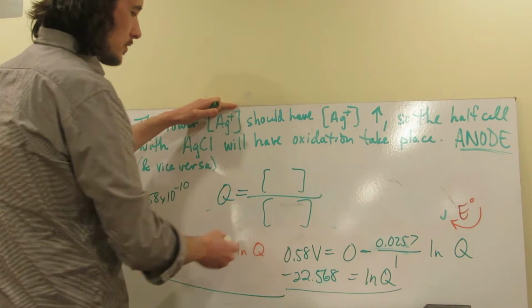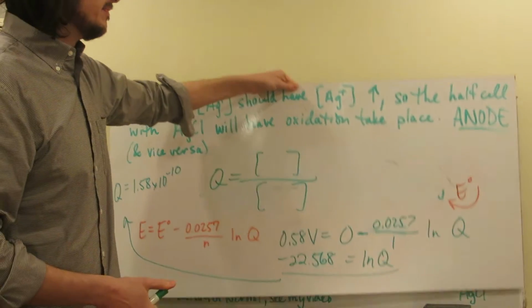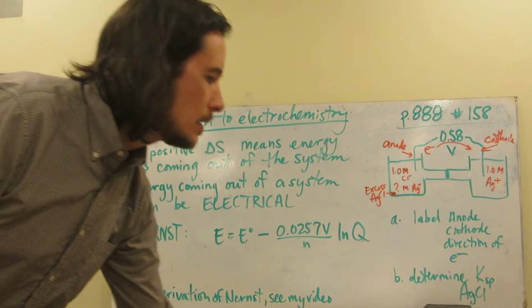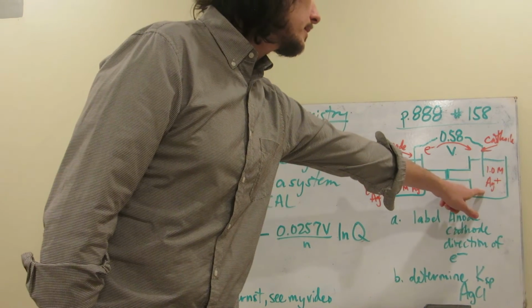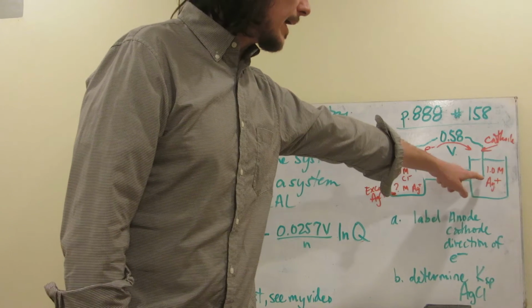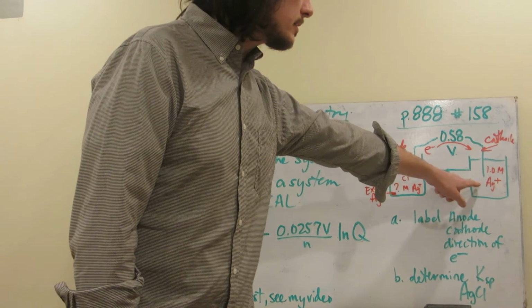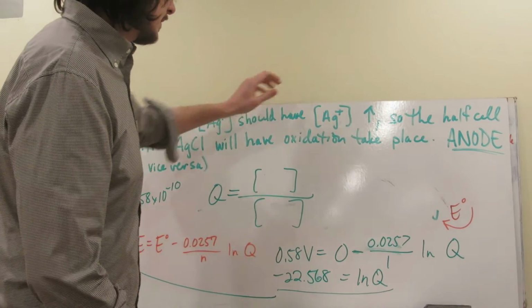Q is products over reactants. So if we go back to our diagram, the reactant silver ion is this one. The product silver ion is this one. So the reactant silver ion is 1 molar. They make nice numbers for you.